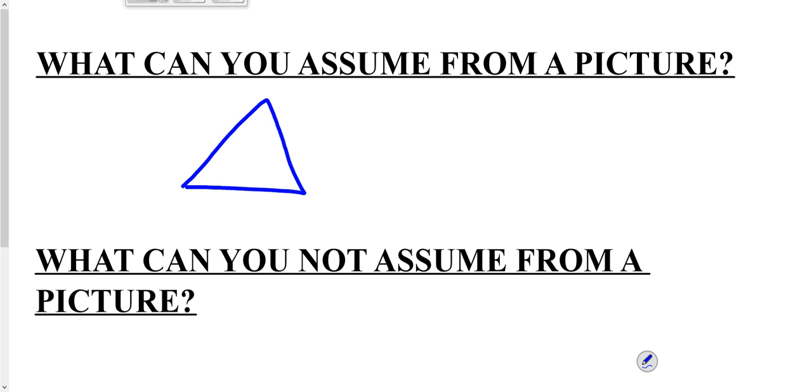Well, I see that there are three sides, but I could assume that those three angles add up to 180 degrees. I have no markings. I have nothing else to help me out. Now, if my triangle was like this, and I see that all those angles are the same, then I could figure out how much each angle is, what its measure is.